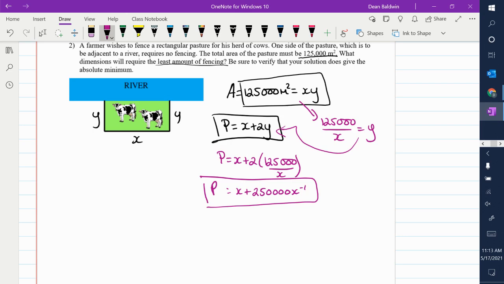I multiplied it in. All right, your job is to derive it, prove it, and then I'll put the answer up in a sec.